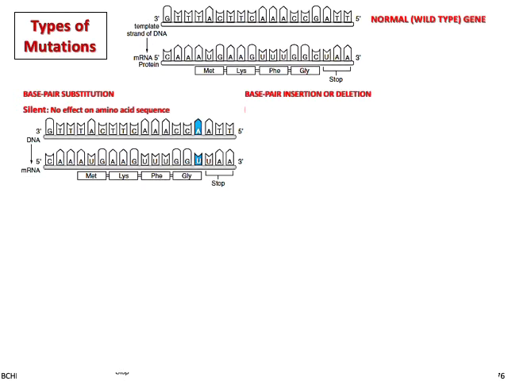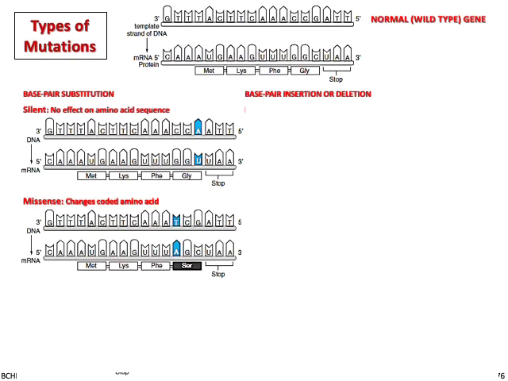So this gives another nucleotide when transcribed that doesn't affect the amino acid sequence of the translated protein. That's why it's called silent, no effect on the amino acids. The other type is missense, which changes a codon. You will see that T has been changed, leading to a change of the amino acid inserted in the polypeptide. So that one is a different protein.